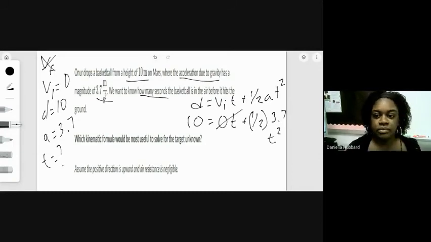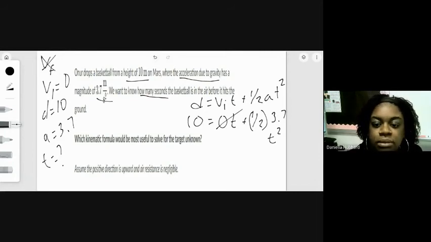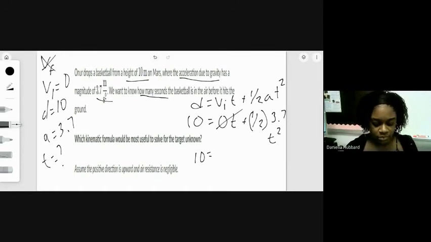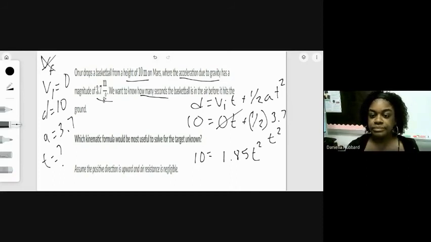Okay? First thing we can do, we can combine our 3.7 and our 1/2 because they're numbers. So I'm going to bring down my 10. 10 equals what is half of 3.7, which is 1.85. And I still have my T squared. Okay?